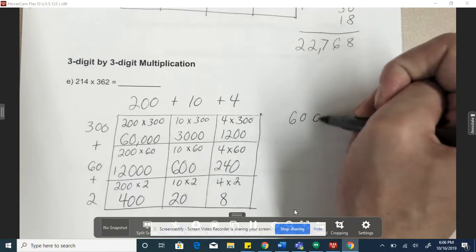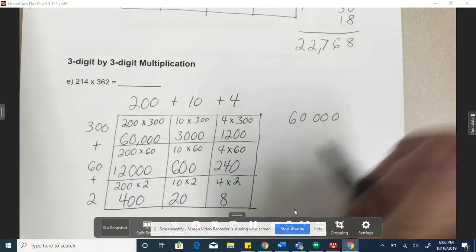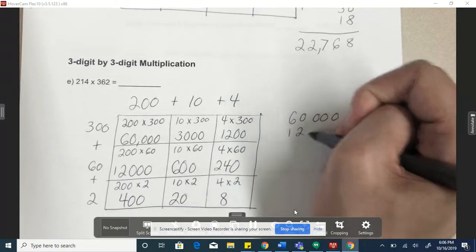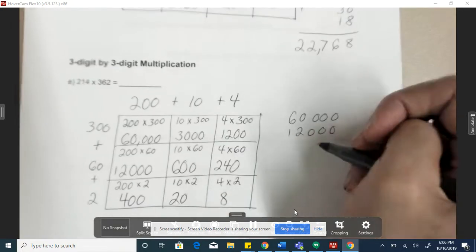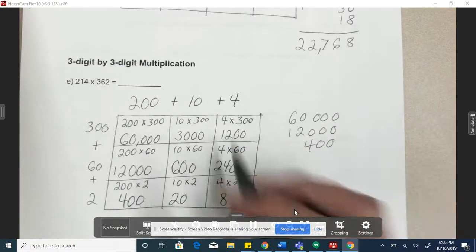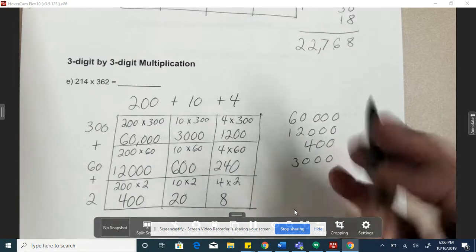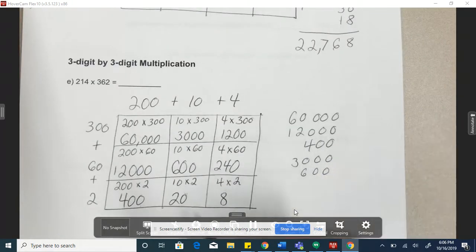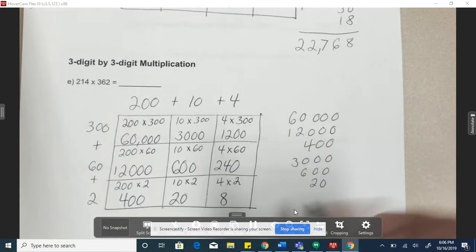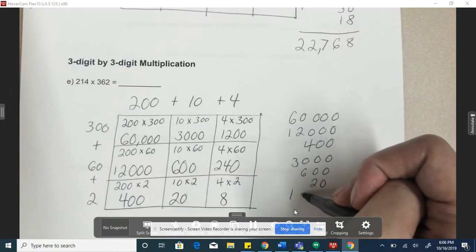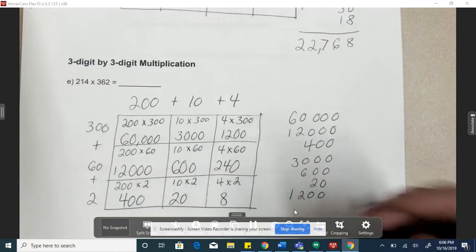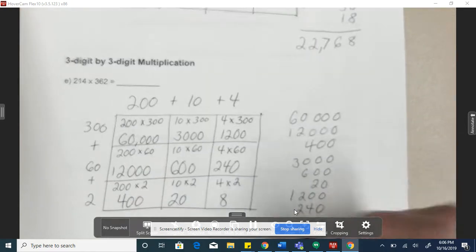So that's 60,000 plus 12,000 plus 400 plus 3,000 plus 600 plus 20 plus 1,200 plus 240 plus 8.